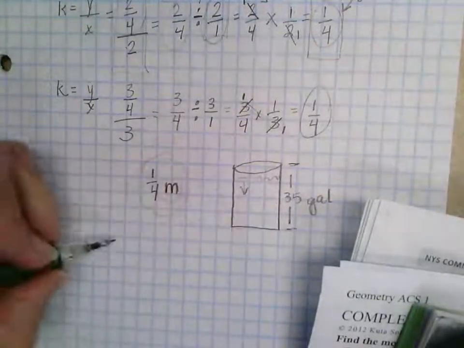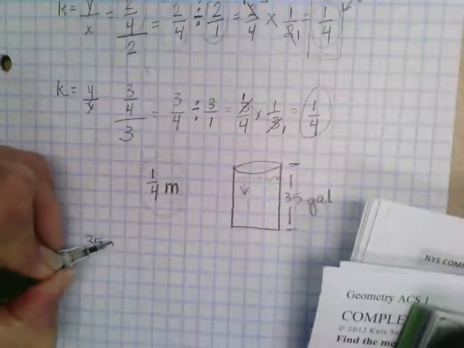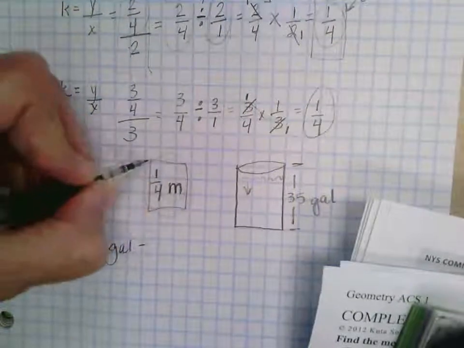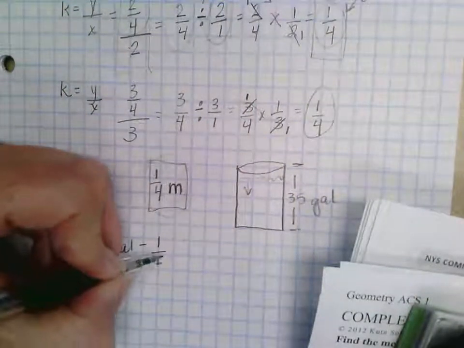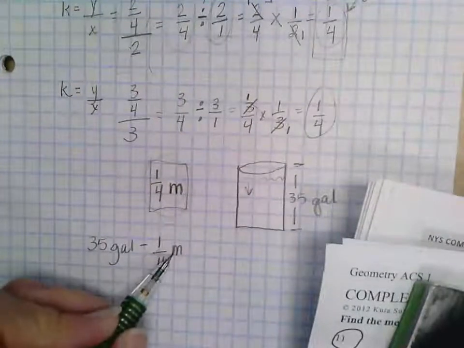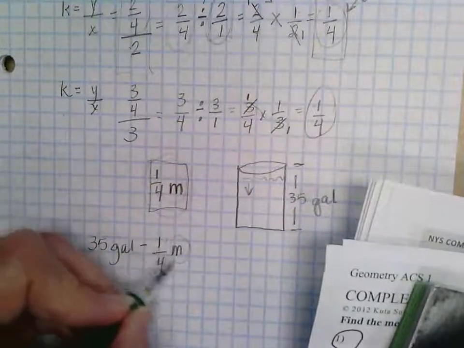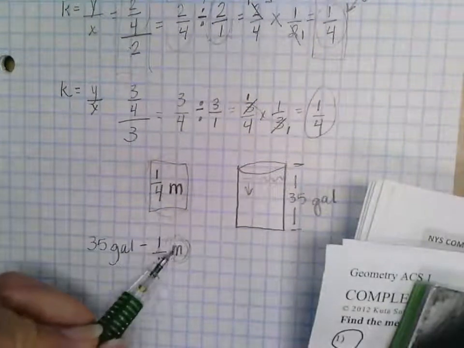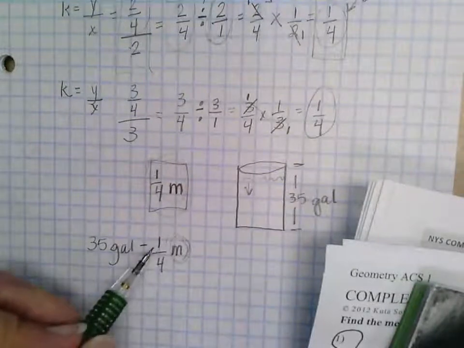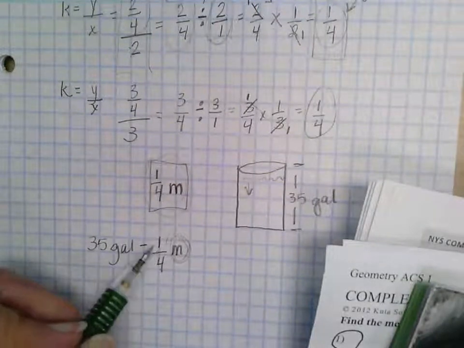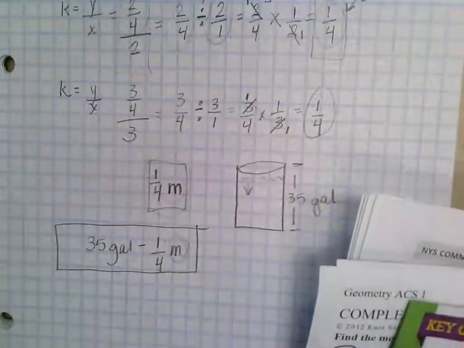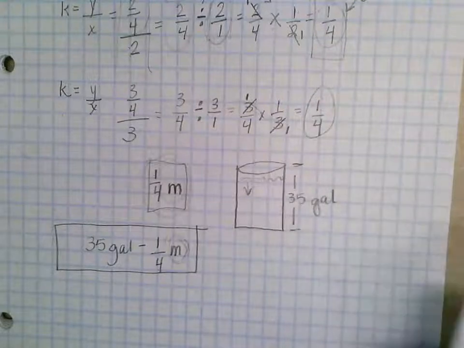So I'm going to take my 35 gallons and subtract out my term of 1/4 times m, because if I know the number of minutes, I can simply put that in for my value for m, multiply that by 1/4 and then subtract that from 35. So that is my answer for number 4.